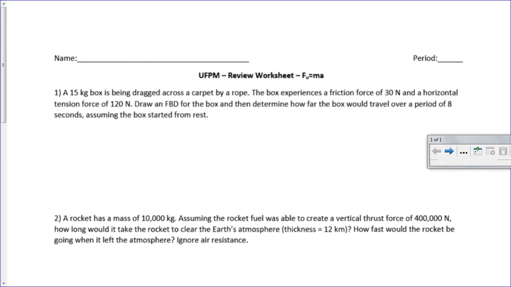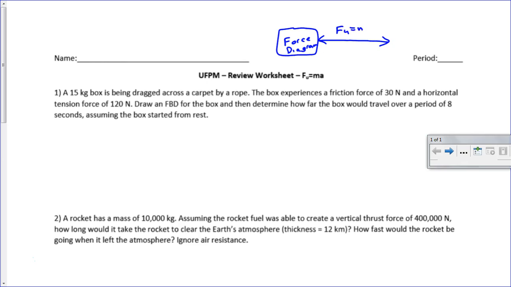Usually, the Fu equals Ma is a connection between the force diagrams and the motion graphs. And so we've got some work here that's done with the forces, force diagrams, and then, as I said, it's an intermediary between the force diagrams and the motion graphs.